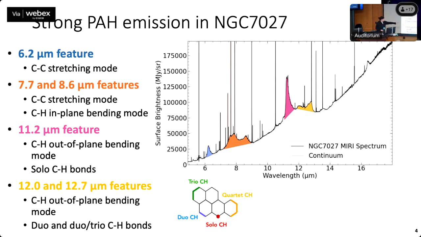So on the right and the bottom, you can see an example of a PAH molecule. And I've shown the edge structure here. So the red point shows a solo CH bond. So that would be the reason that we get the 11.2. And then the duo and trio are shown in the blue and the green.